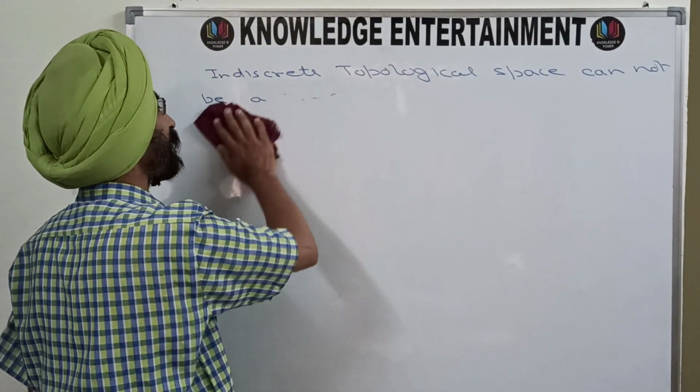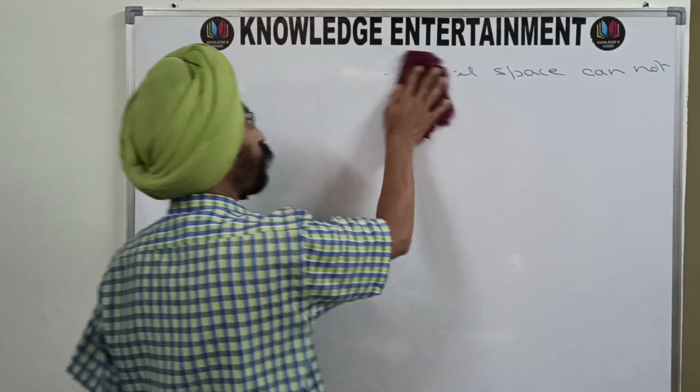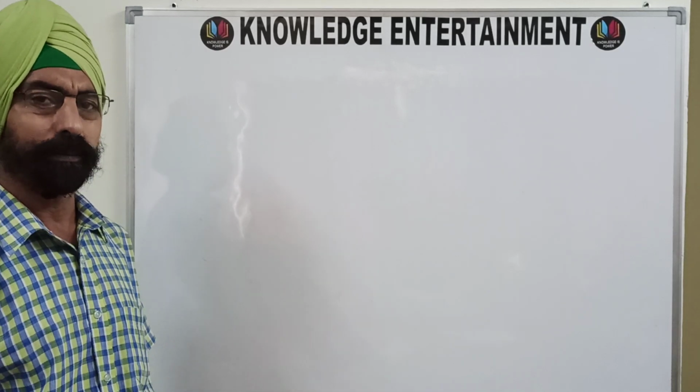Now I'll move on to another easy example. I'm not going to do anything too difficult today, because we have already done a theorem which was a little bit heavy.